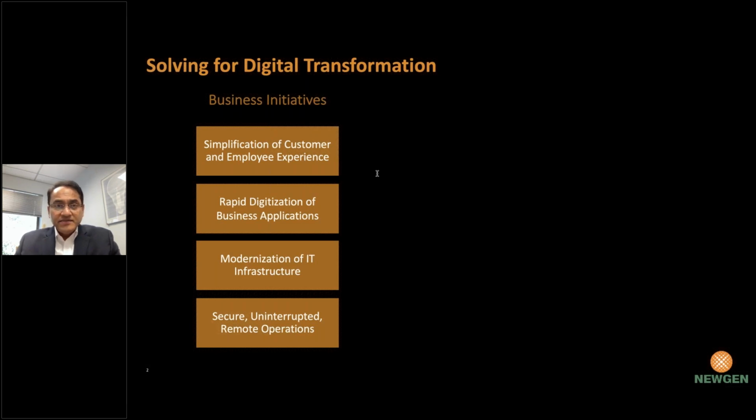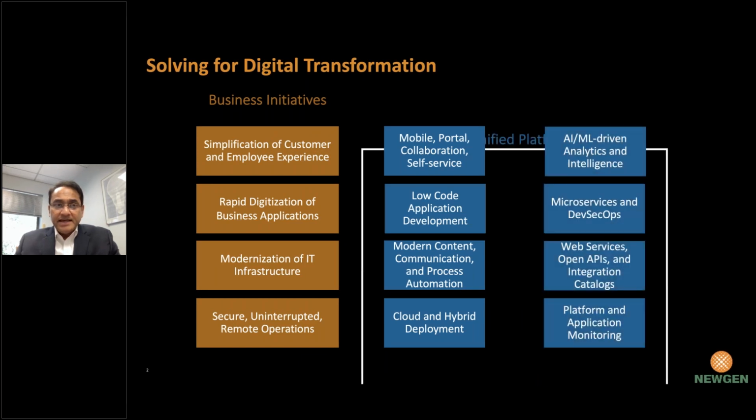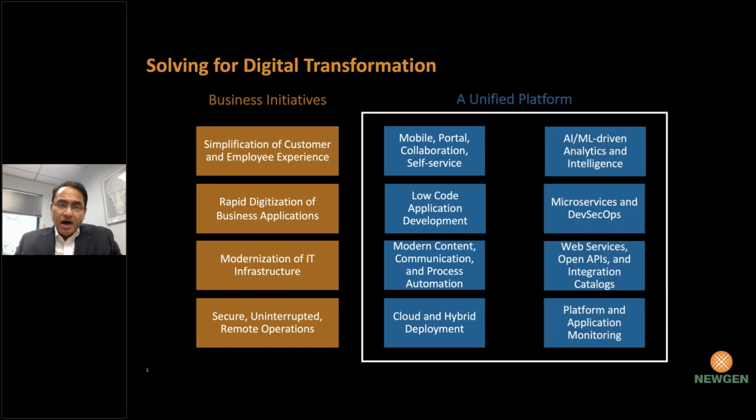So to achieve these initiatives, what you really need is a platform with modern content services and workflow, supporting low-code application development. Cheryl talked about the future fit and the constituents which are an integral part of it. The tools and capabilities for improving customer and employee experience, tools like mobile, the portal, collaboration, self-services.